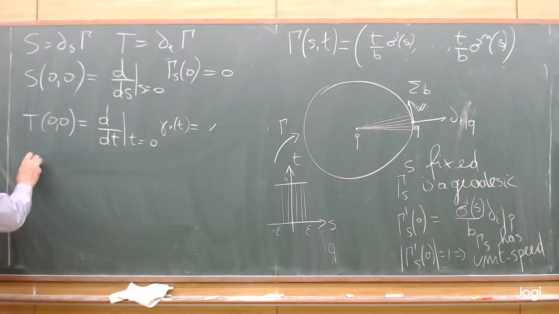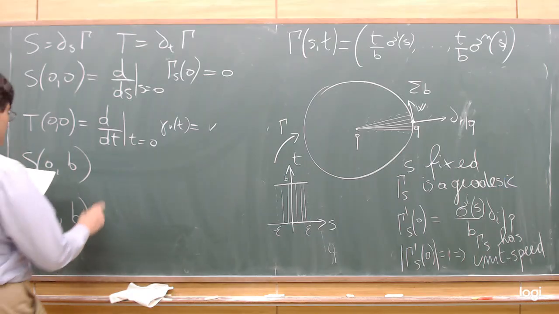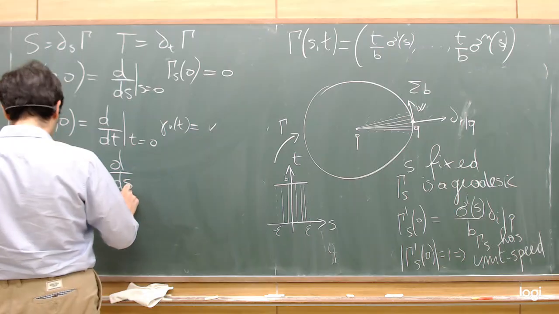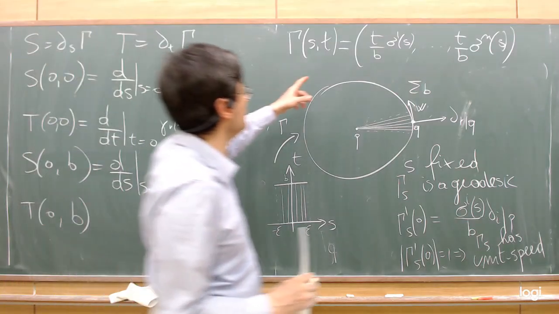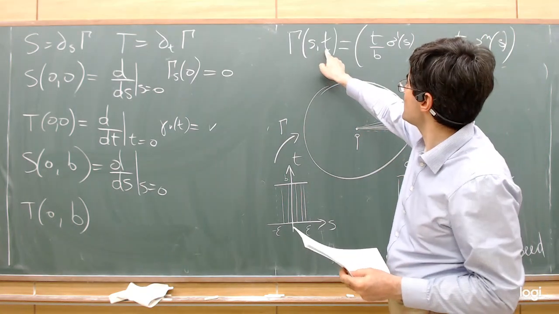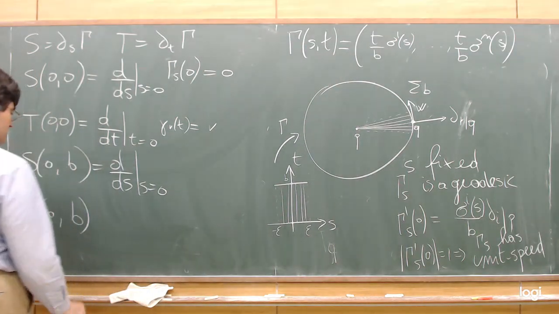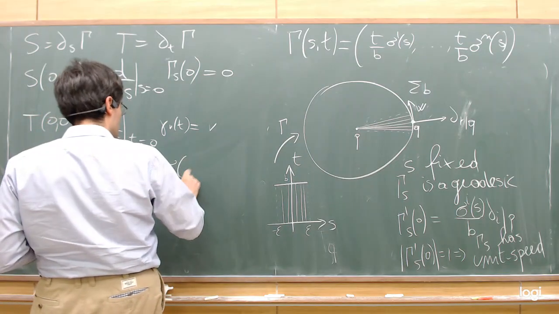And instead, what happens at 0b? This is d/ds at s equals 0. What is gamma sb? This is just the derivative with respect to s of sigma s.